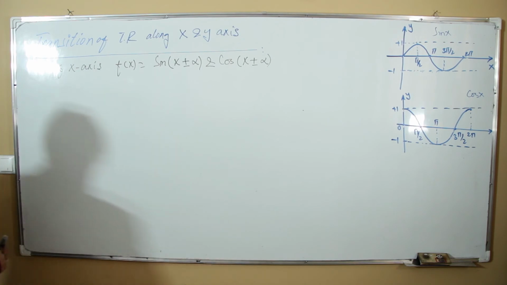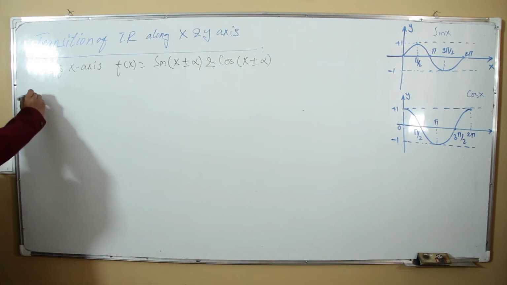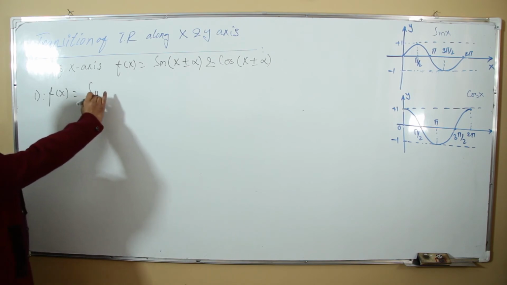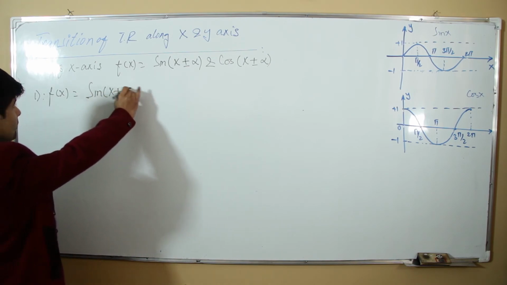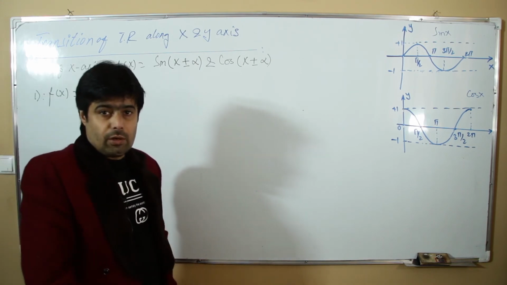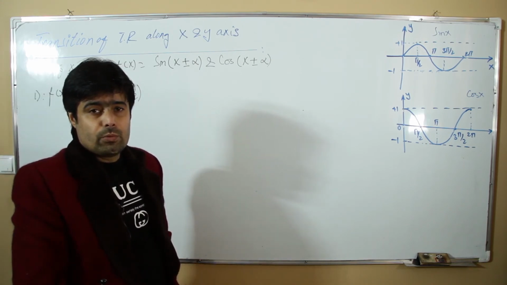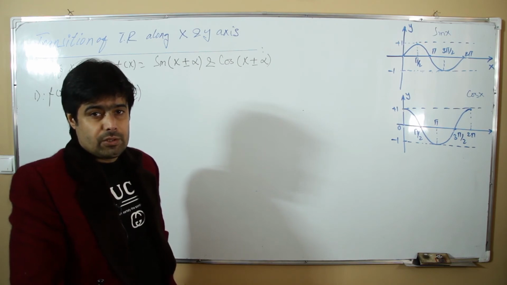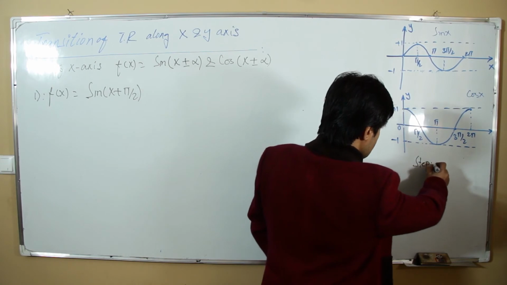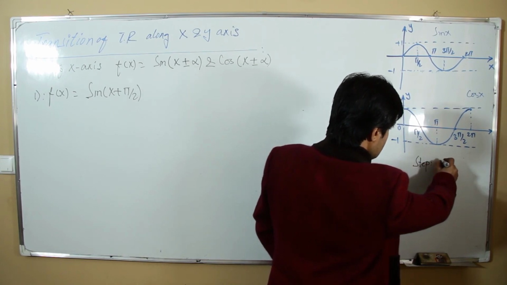Now, what does it mean? It means if I have f(x) = sine(x + pi/2). Now, how can we draw this graph? First, you have to find the initial point. The first step, step number 1, initial point.